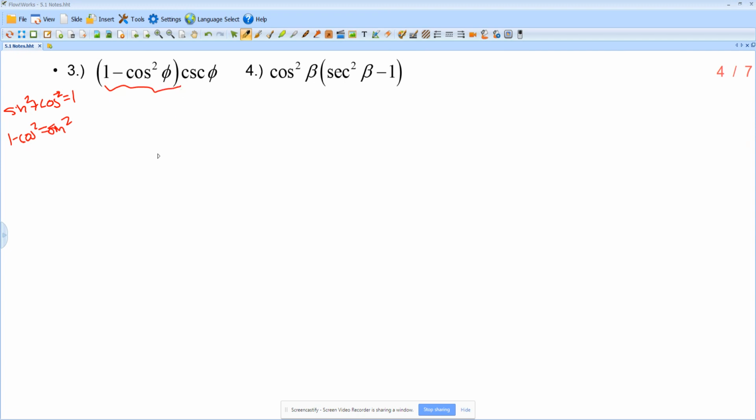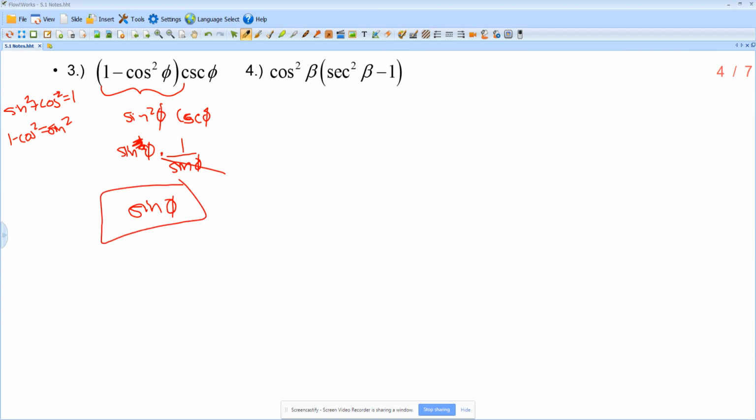That means that I could rewrite that piece as just sine squared times cosecant. Cosecant I could rewrite as 1 over sine. So this becomes sine squared times 1 over sine. And my squared over sine can cancel, so I'm left with just sine. All of that is just a way of simplifying this down to sine.